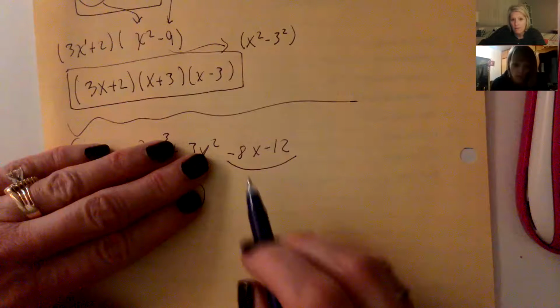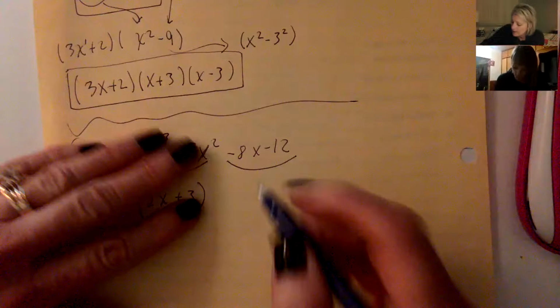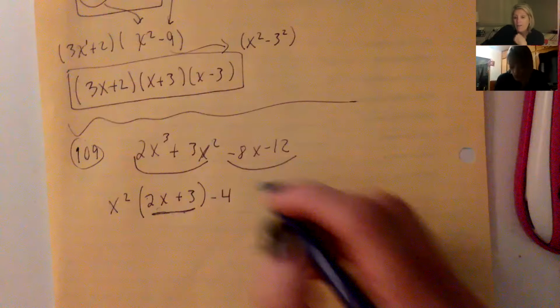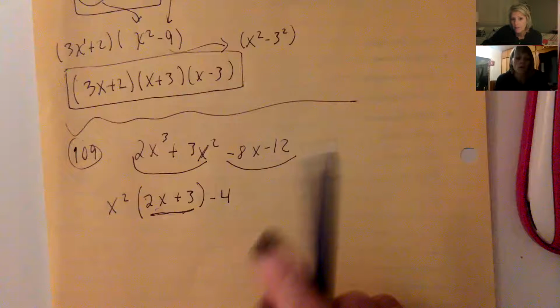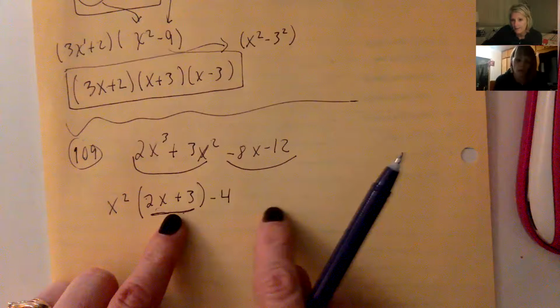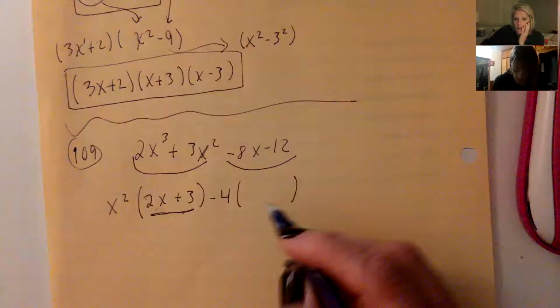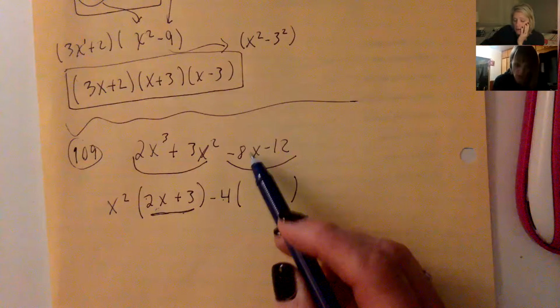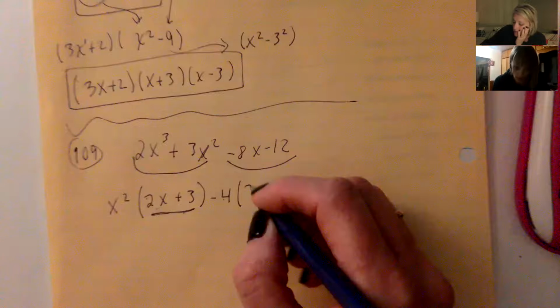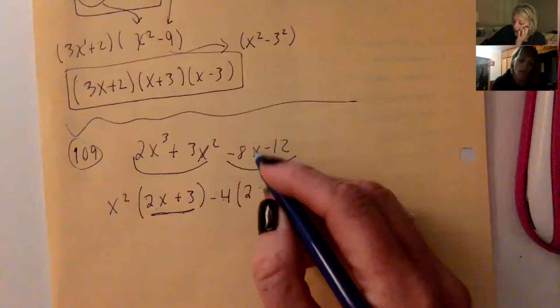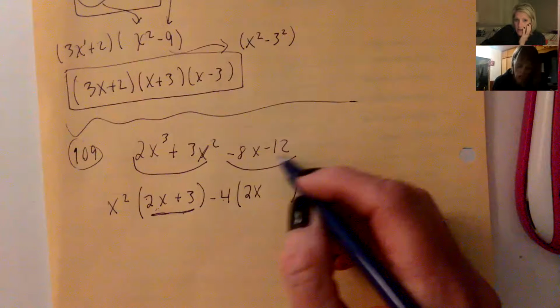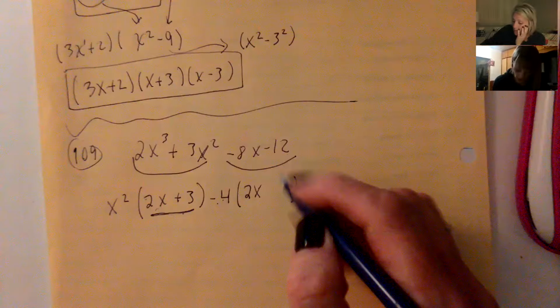Yep. And they're both negative, so let's pull out a -4. And we need it to be a -4 so that it's a positive thing on the inside, right? We need this to be a 2x plus 3. So a -8 divided by -4, sure enough, is a +2. Then we have the x. And a -12 divided by a -4 is a +3.